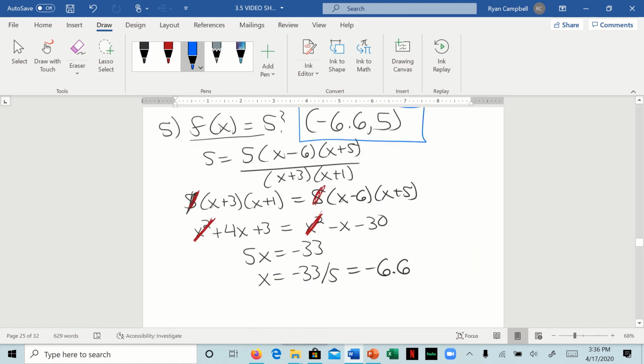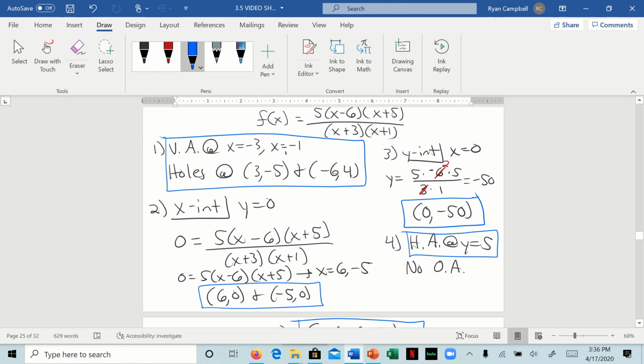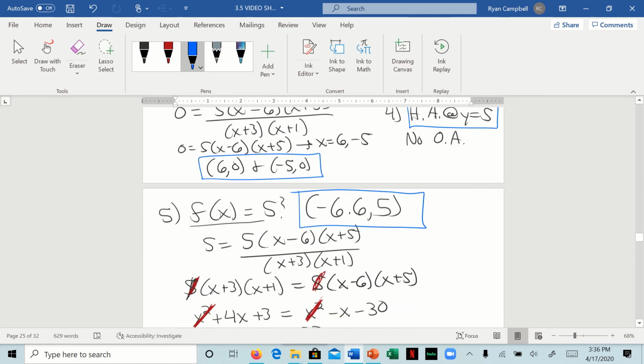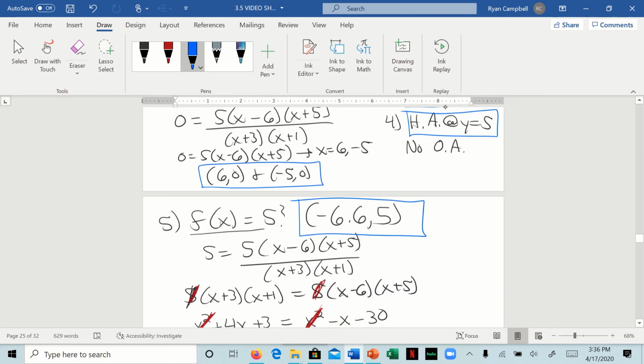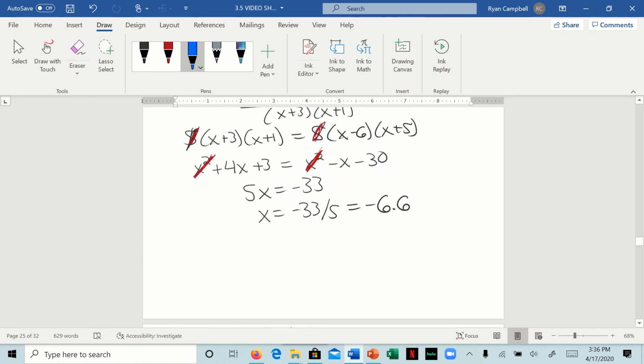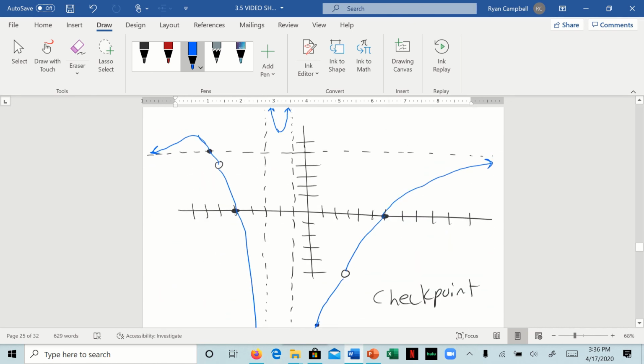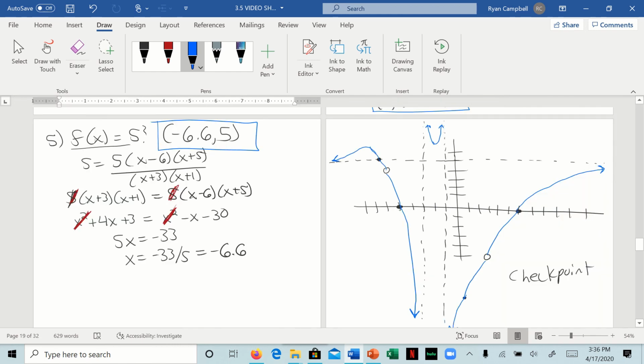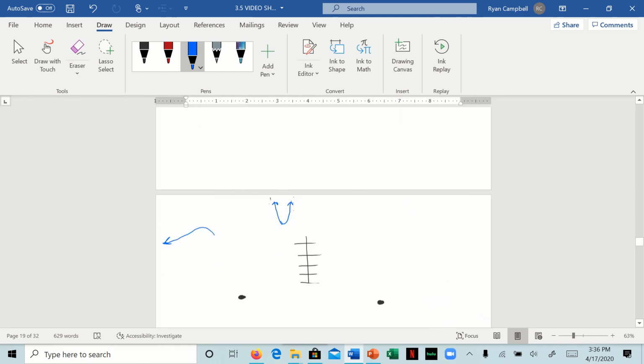Okay. Let me just double check to make sure we got everything. Got our asymptotes, got our holes, got the y-intercept, the x-intercepts, and the horizontal asymptote. Okay. This is officially it. I am so sorry. Yes, this is it.